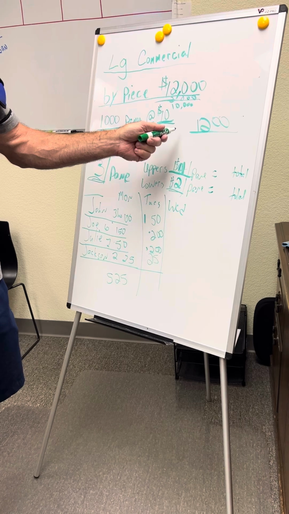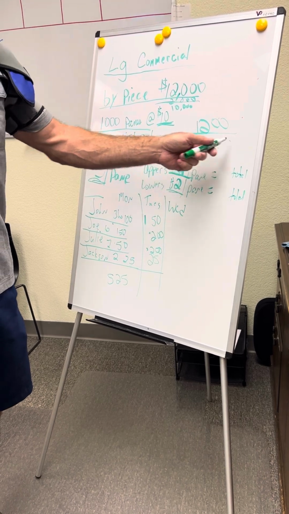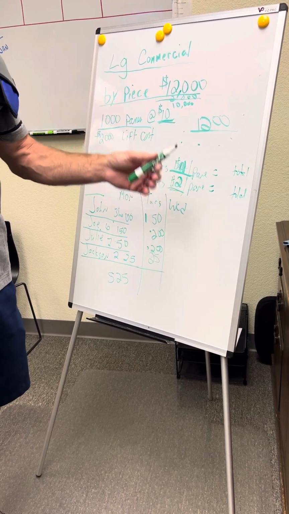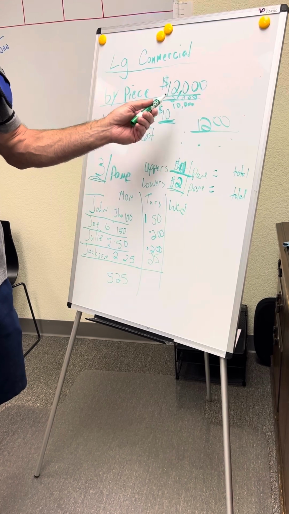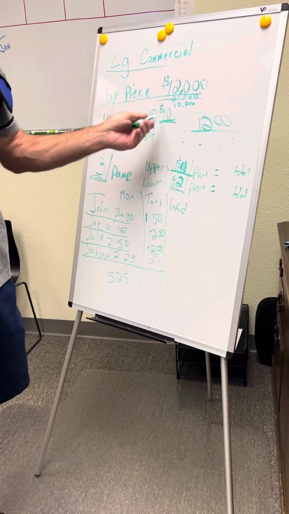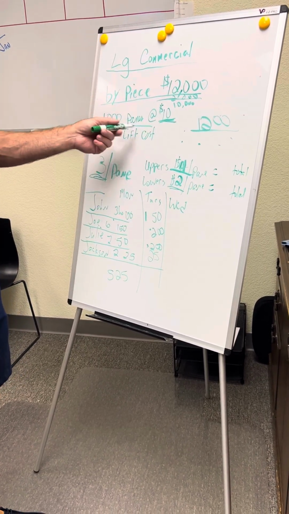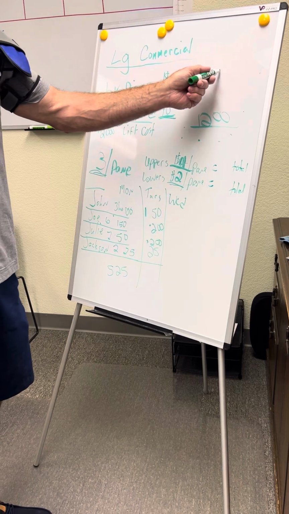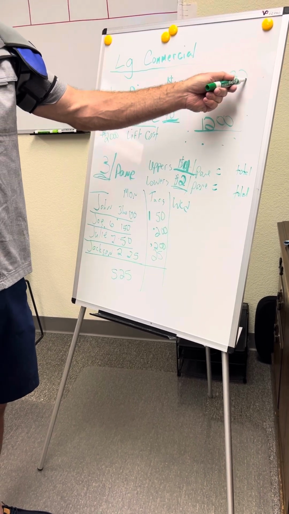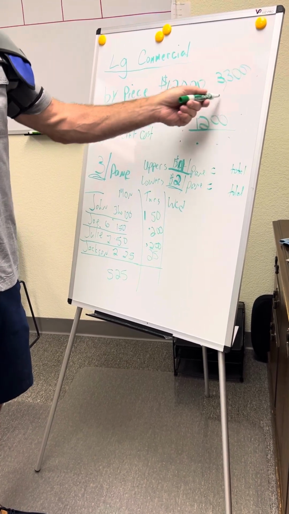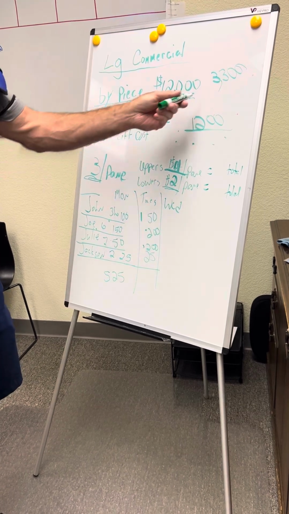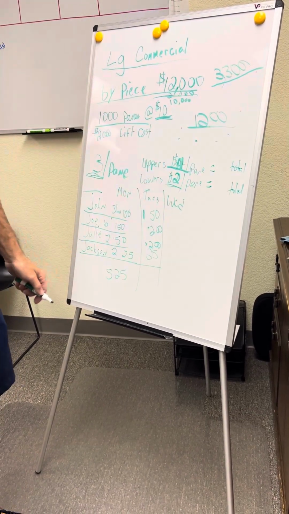So we try to assign people sections of the building, and if something's not cleaned properly, they go back and re-clean it. At the end of the day, I tell them the pot only has 30% of the 10,000, so that's 3,300 or whatever. I'm not paying any more than that. They're going to have to fight for that 3,300 themselves.